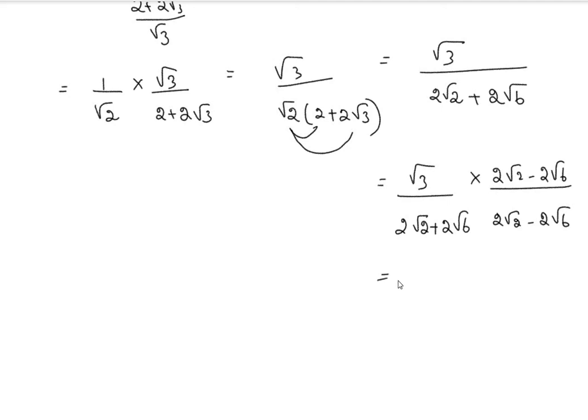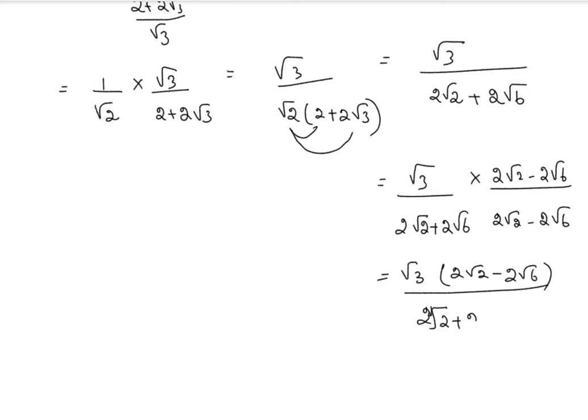When I rationalize, I'll get root 3 into 2 root 2 minus 2 root 6 by 2 root 2 plus 2 root 6 into 2 root 2 minus 2 root 6.